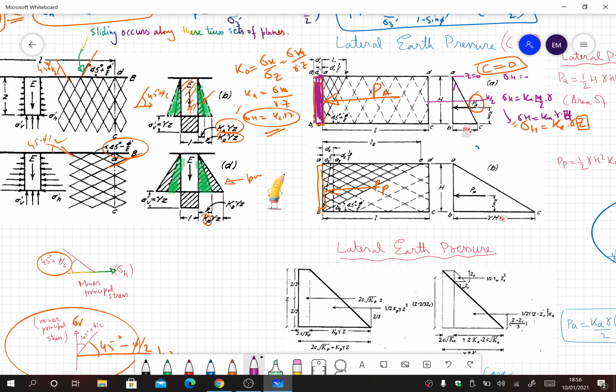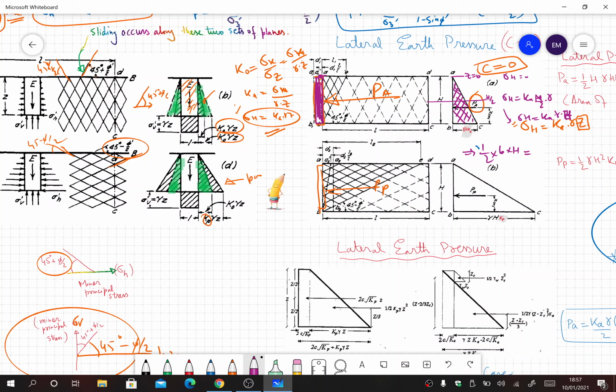So we will end up having a triangular distribution. This is what happens in the case of active earth pressure: the stress distribution from the top of the wall where z is equal to 0, down to the depth where z is equal to the height of the retaining wall, gives us a triangle. To calculate the force, what we simply do is find the area of this triangle. How do we calculate the area? Half into b into h.